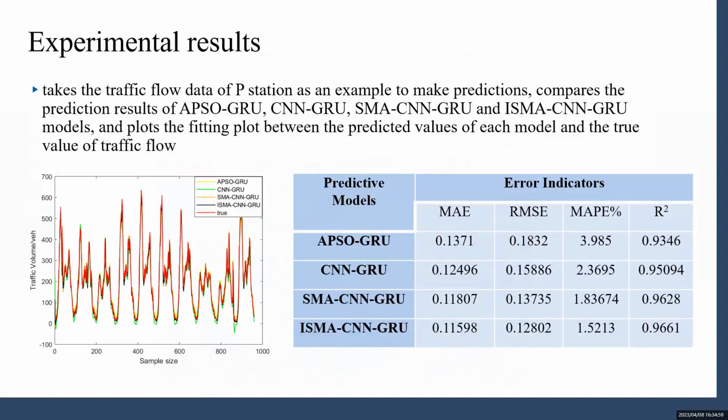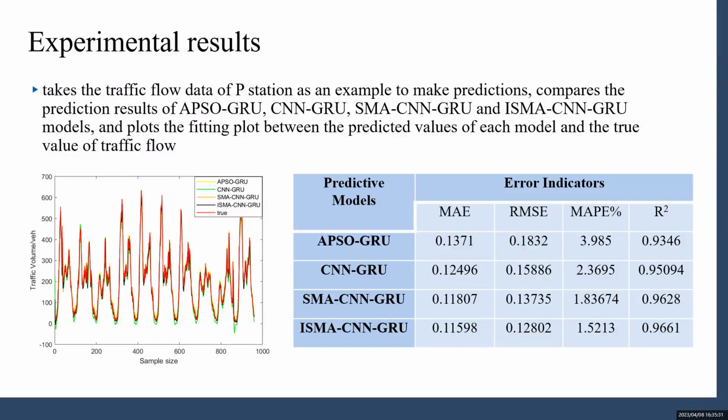In addition, the highest coefficient of determination of ISMA-CNN-GRU on the dataset is 0.9661, which is closer to 1 compared with other models, which reflects that this model can learn the changing pattern of traffic flow well and has high prediction accuracy and verifies its feasibility in traffic flow prediction.